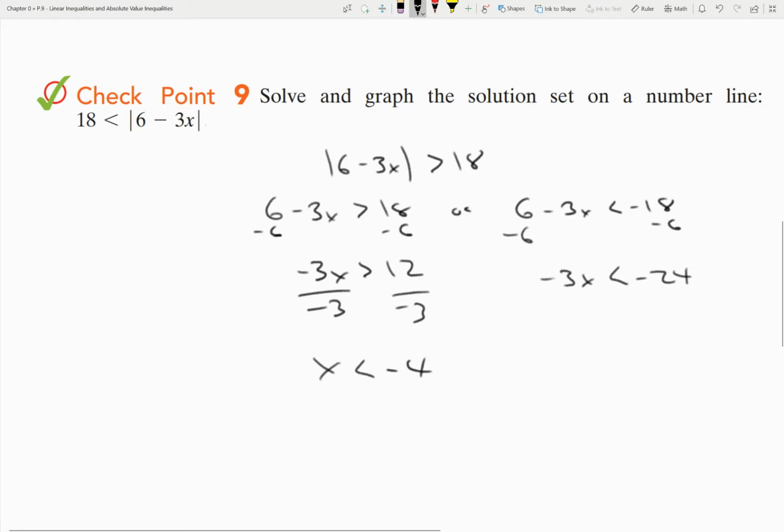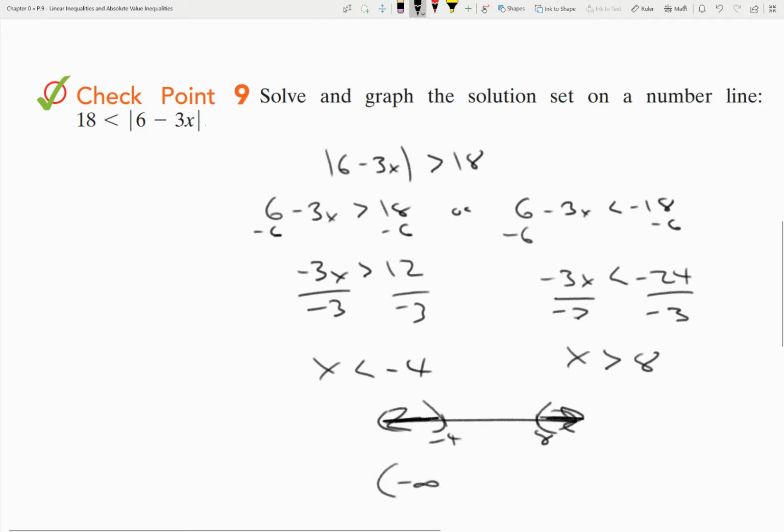Dividing out the negative 3 gives me x is greater than a positive 8. On my number line, we have a graph going to the left, a piece going to the right. My interval is from negative infinity to negative 4, union 8 to positive infinity.